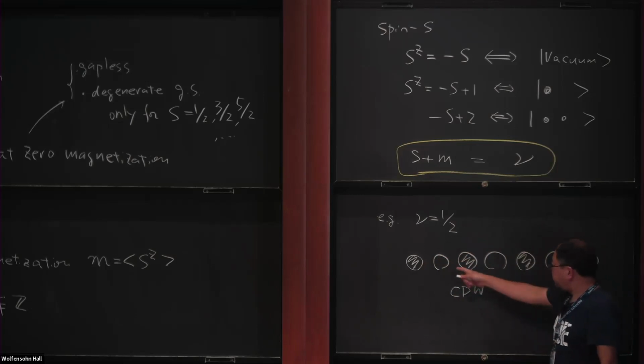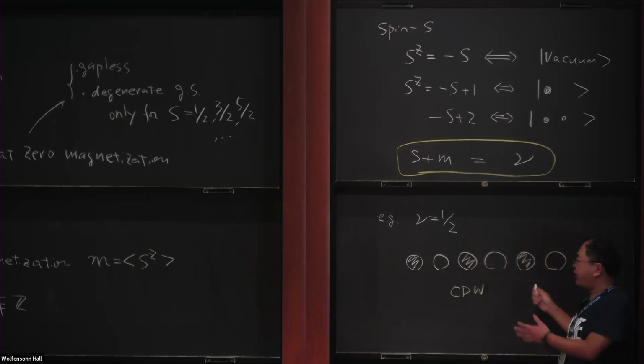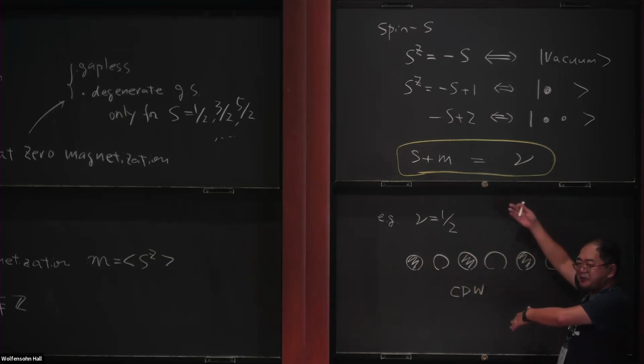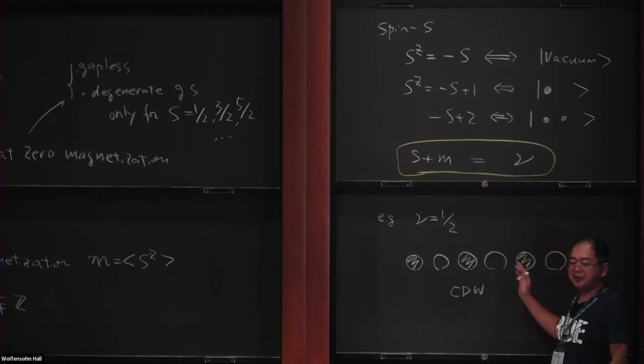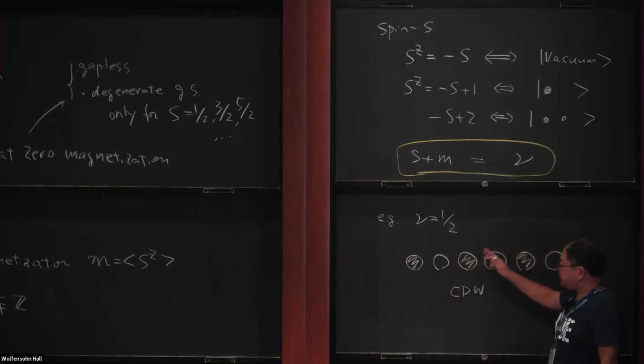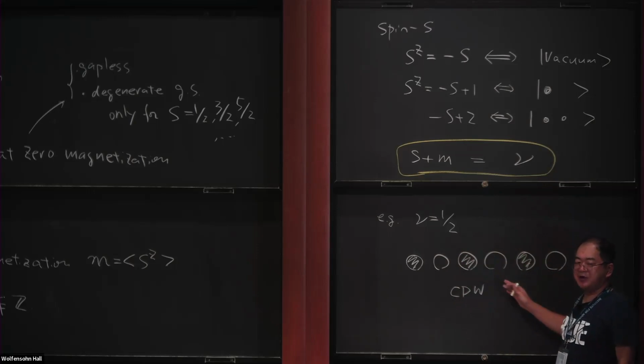But anyway, if you can stabilize this kind of CDW state, then you can open the gap. But this CDW state breaks the translation symmetry. So if you realize this kind of ground state with a gap, then the ground state must be doubly degenerate, which is consistent with the Lieb-Schultz-Mattis theorem.